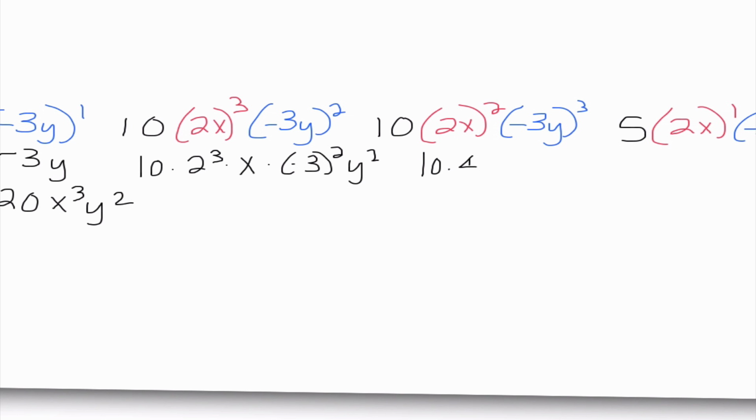10 times 4 times x squared times negative 3 cubed, or we could just write negative 27 if we want, times y cubed.